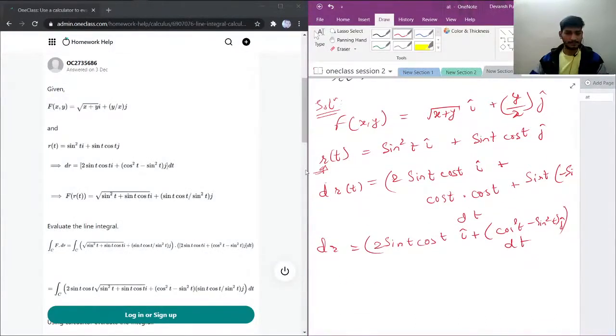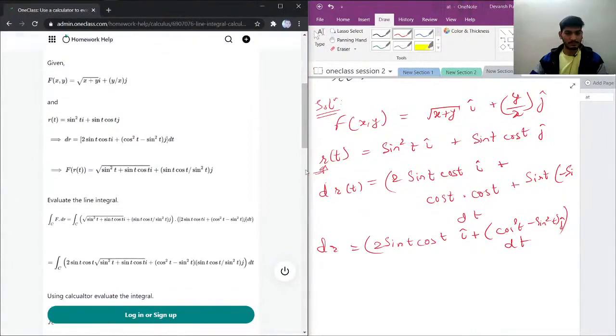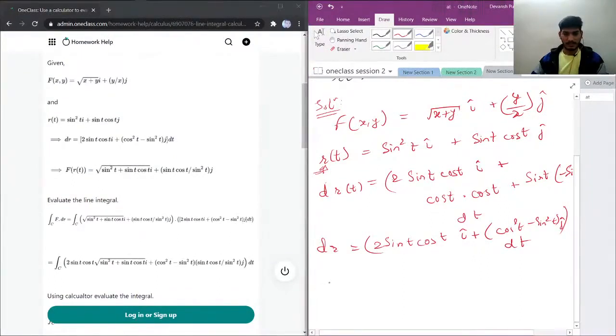Now, what we are doing is finding F of r of t.